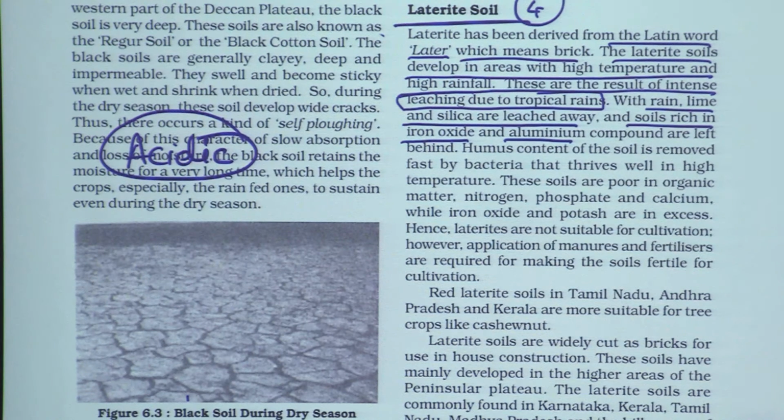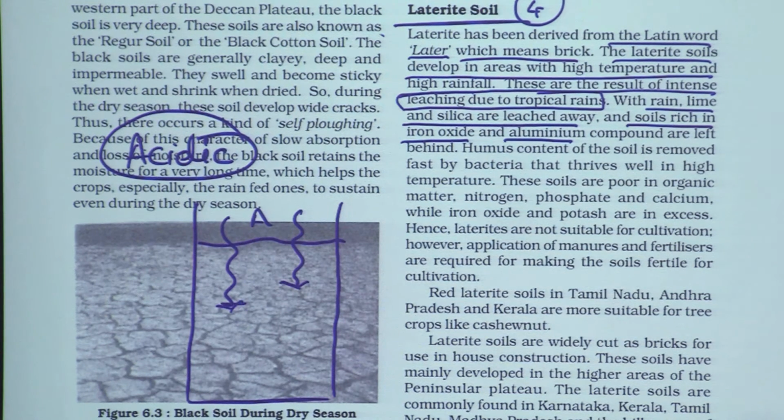I will take you to the diagram, but let us try to understand it with this simple line diagram. What is laterite soil? From genetic horizon A, there is continuous percolational translocation, typical in areas where precipitation is more than evaporation.